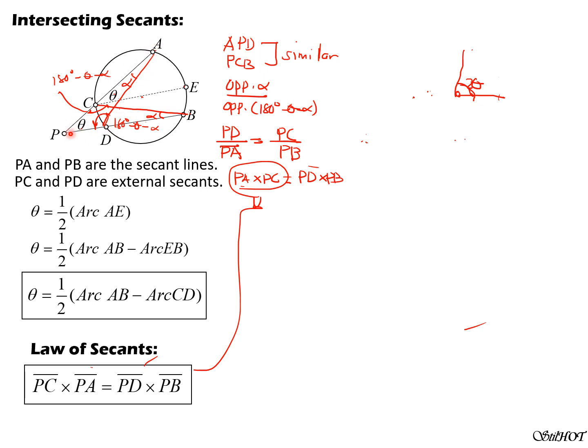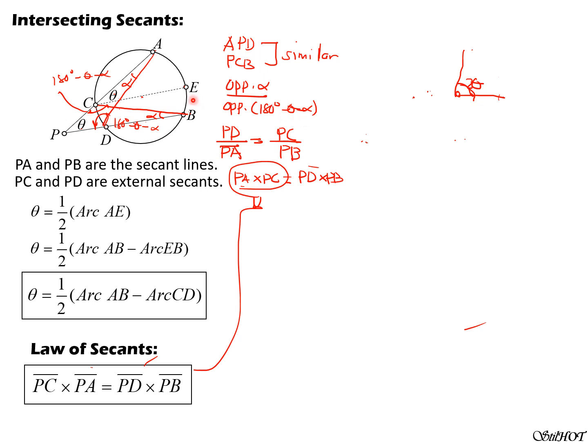So we have similar triangles again. APD and PCD are similar triangles. So if these are similar triangles, we use the ratio: opposite of alpha over the opposite of the angle 180 degrees minus theta minus alpha.